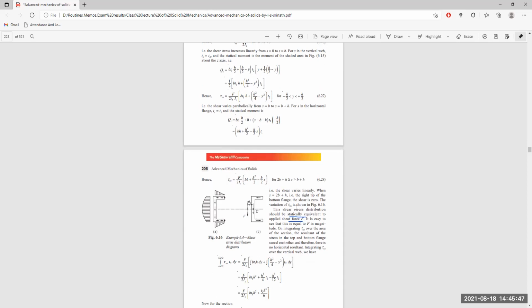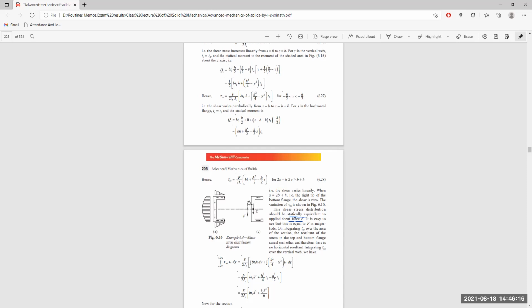The shear stress varies linearly when s is equal to b plus 2h, that is, 2h plus 2 times this b and this b plus h. At the right tip of the bottom flange, the shear is 0. The variation of tau is also shown here. At the right tip of the bottom flange and the right tip of the top flange, the shear stress is 0, and it varies in a regular fashion here.